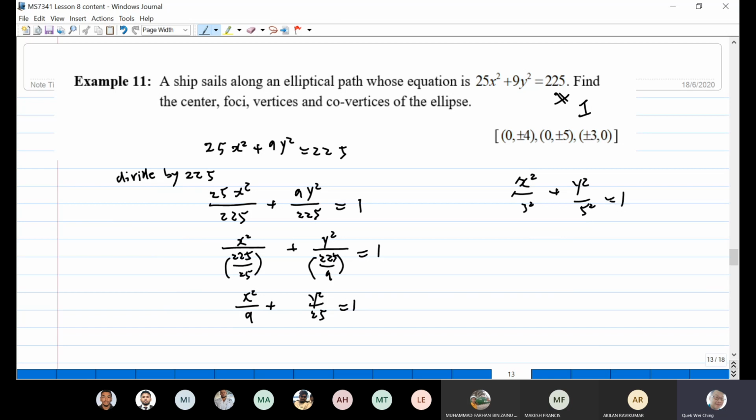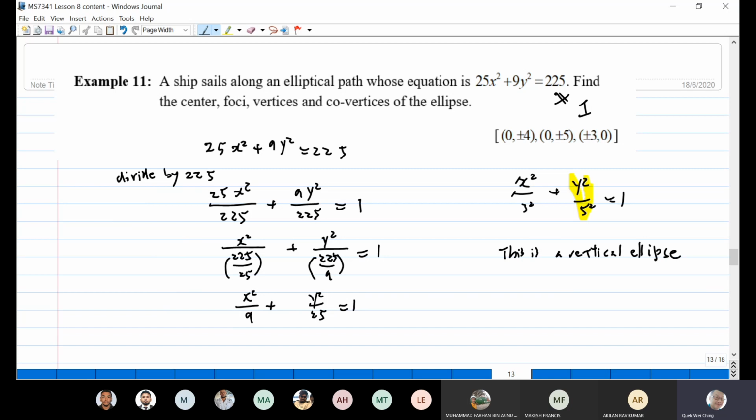The longer one is y, okay? So this is a vertical ellipse now. Okay, vertical ellipse in this case.